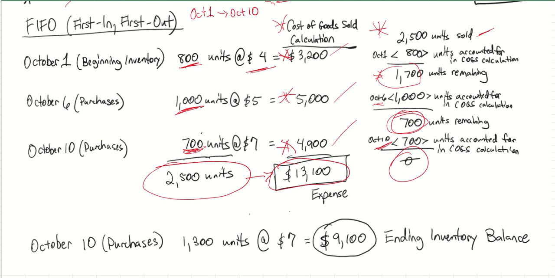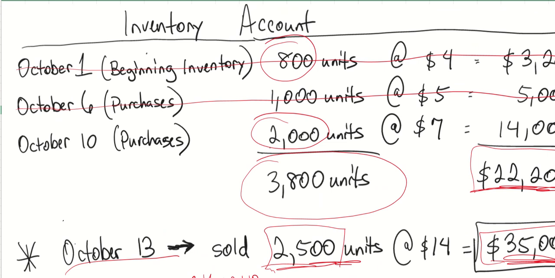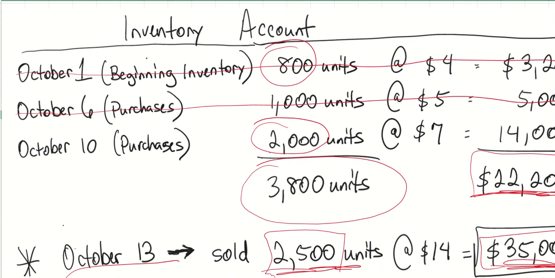Now the next thing to do is to figure out what the ending inventory balance will be after making these sales, or after recording the expense. So we scroll up here, and we see that the October 1st batch of inventory is already included in the cost of goods sold calculation. October 6th, same thing. October 10th, we didn't include all of the units.